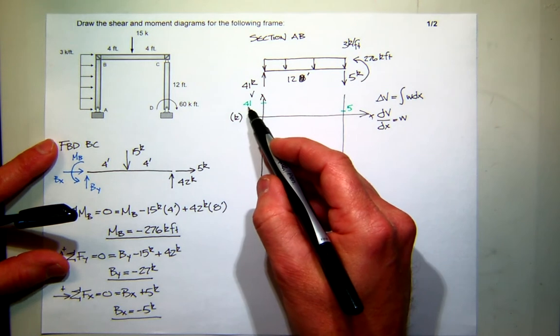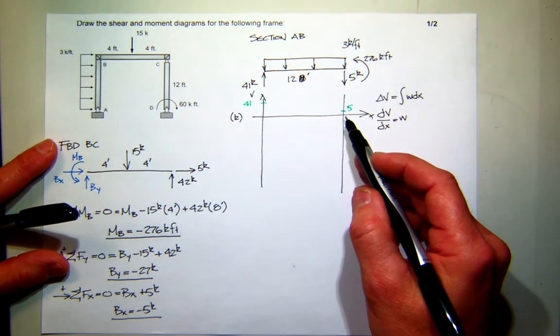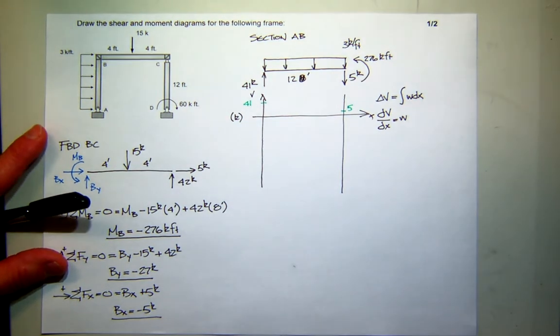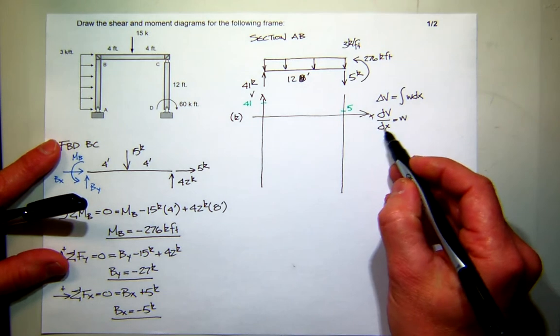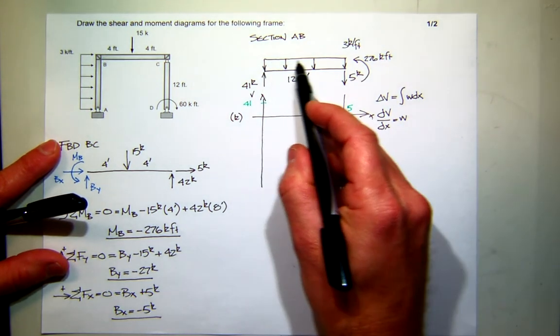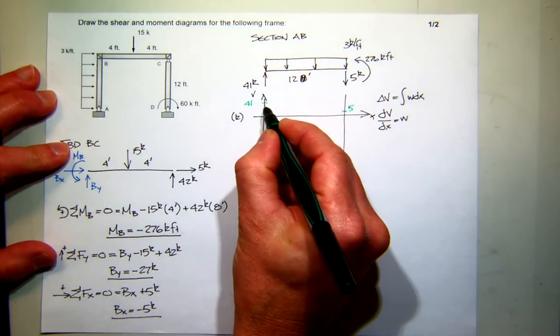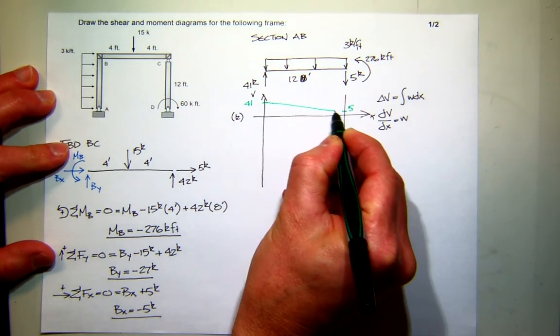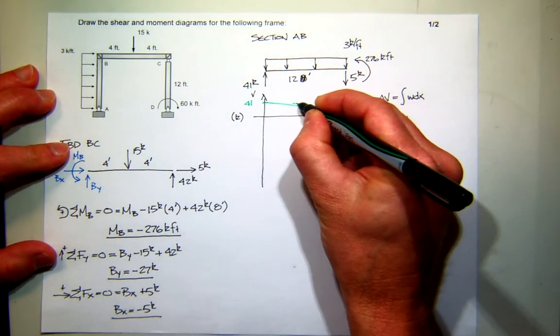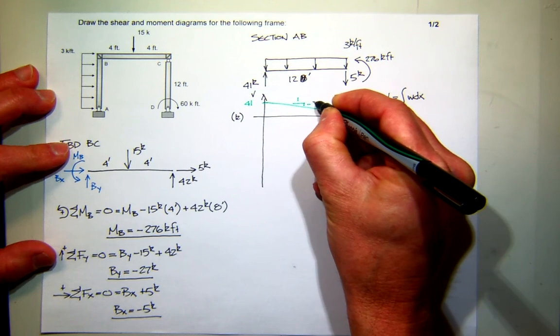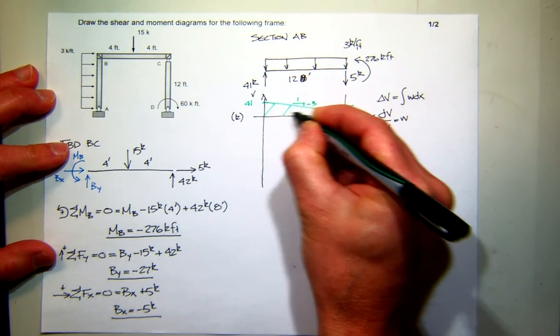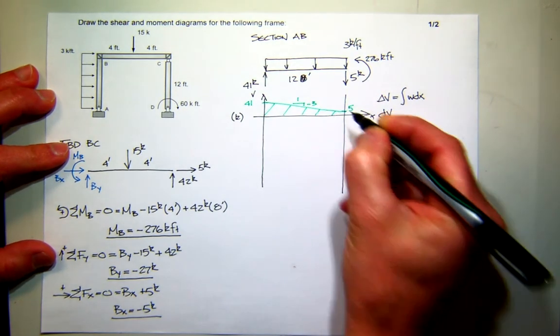So 41 minus 36 is 5. That matches. What's the slope? What's equal to the load? The load is constant and negative 3. So that would give us this constant slope, and if you actually matched it, it would be negative 3 to 1. So that's a trapezoid.